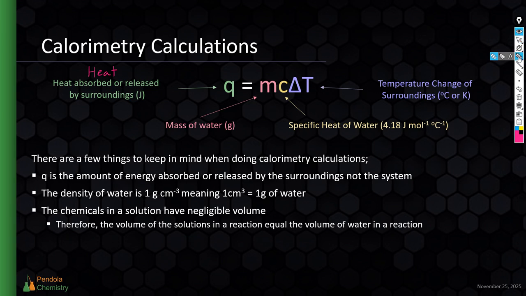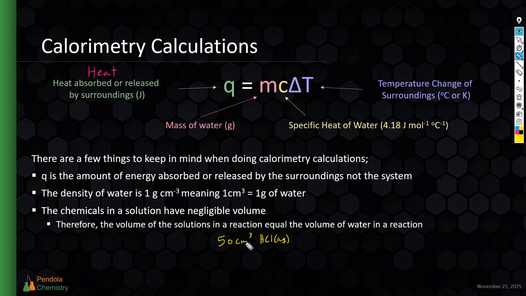What do I mean by that? Well, let's say you have 50 cubic centimeters of hydrochloric acid solution, aqueous. Well, the HCl in that solution really has very limited volume. It has a very negligible volume.